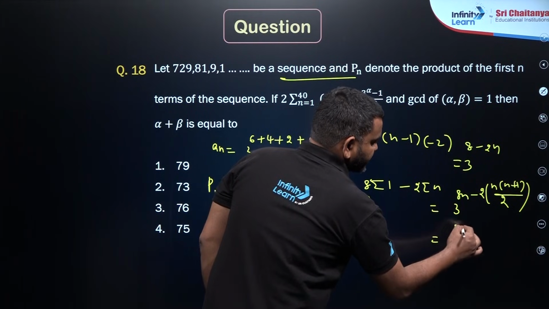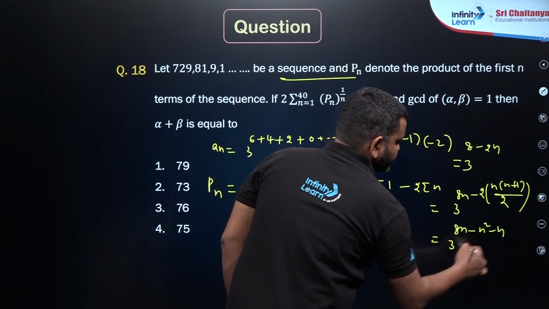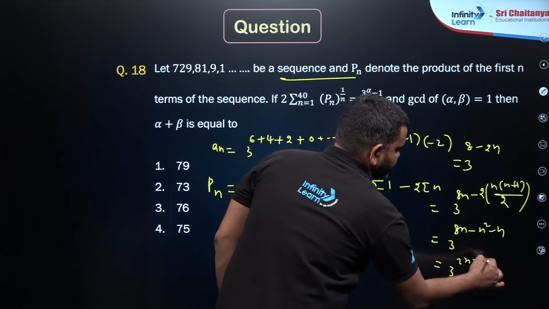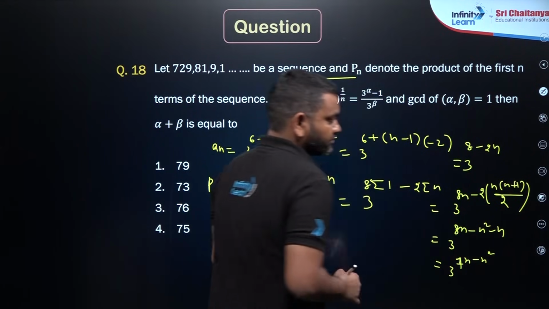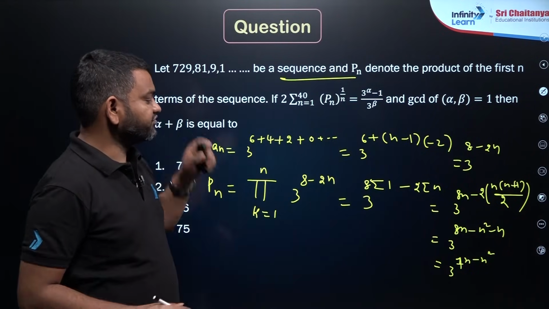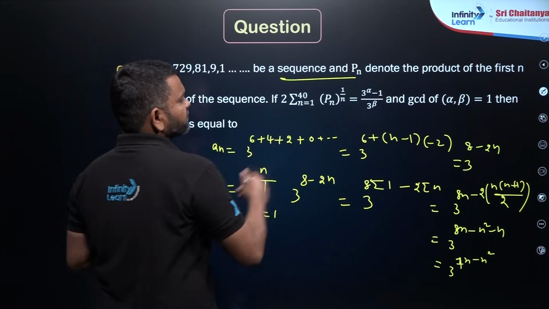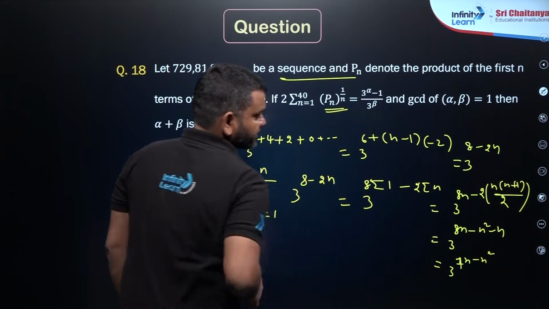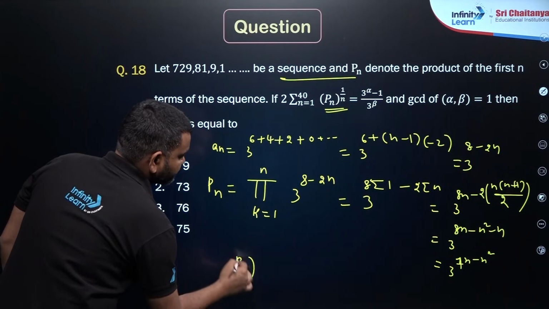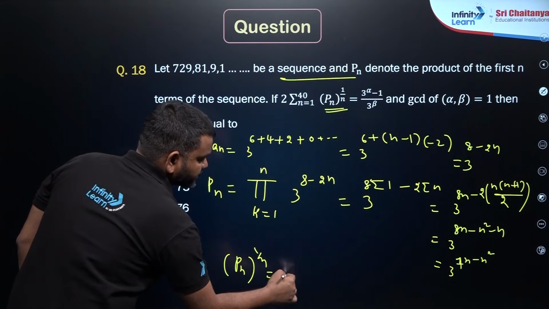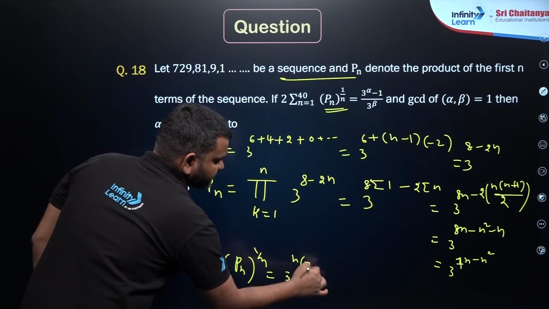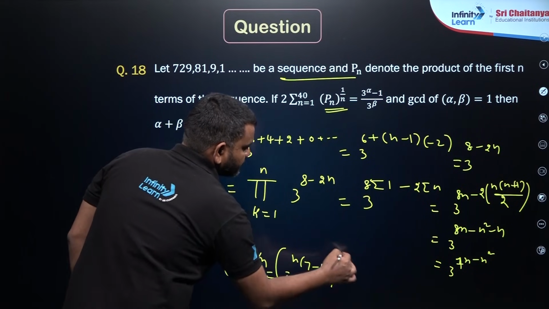So 3 power 8n minus n square minus n. So 3 power 7n minus n square is what I am supposed to get. That is the value of Pn. Now here if you observe, Pn power 1 by n is there. So Pn power 1 by n, if I am trying to write, that is going to be 3, n common, this is 7 minus n, power 1 by n.